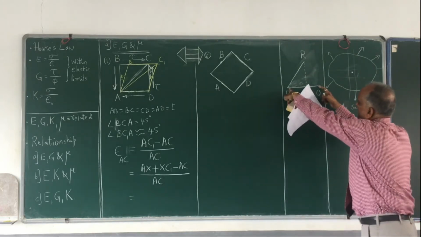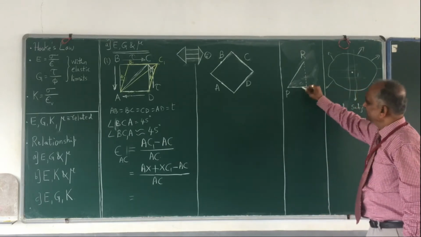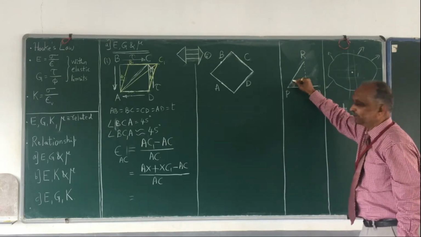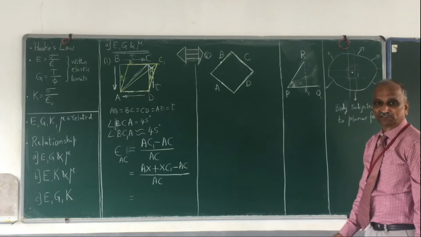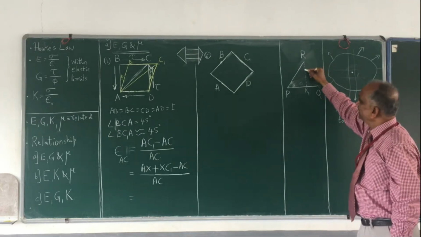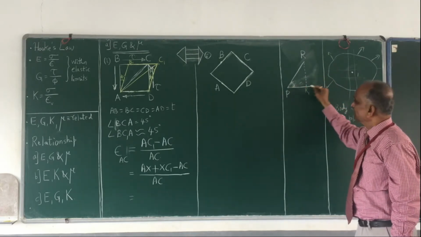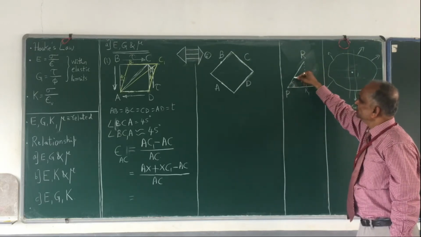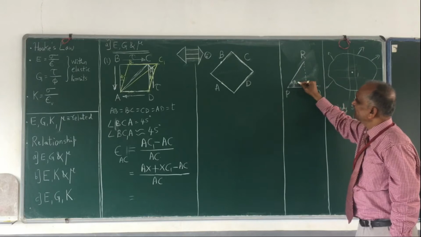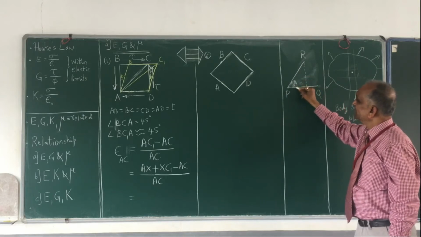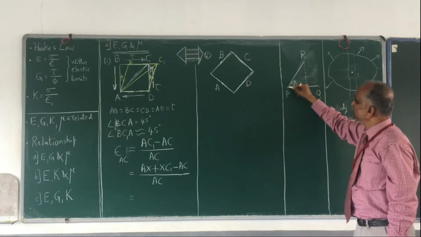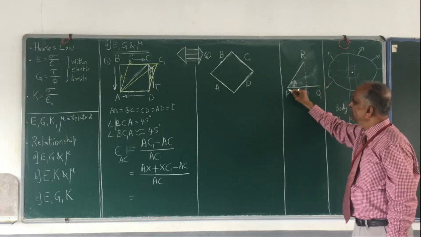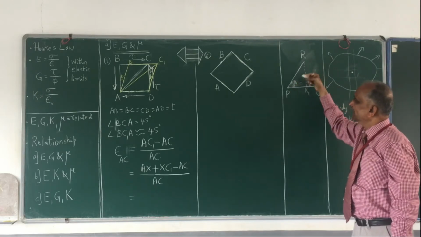I have taken the same length here also, and this angle is substantial, very high, something like 60 degrees, 70 degrees. I have dropped a perpendicular on this R1, and if this is theta1, then cos theta1 is equal to this divided by this, or in other words, PR1 is equal to PR cos theta1.